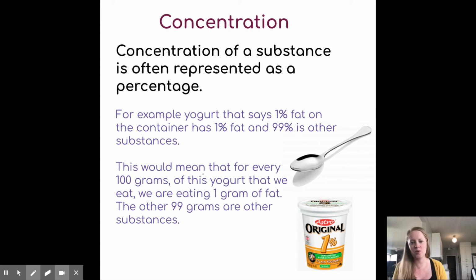So it is representing the concentration of the amount of a substance. If it is 0%, it is supposed to have 0% concentration of fat in it. So in a yogurt that says 1%, that means you're getting 99 grams of everything else and 1 gram, 1%, of that fat.